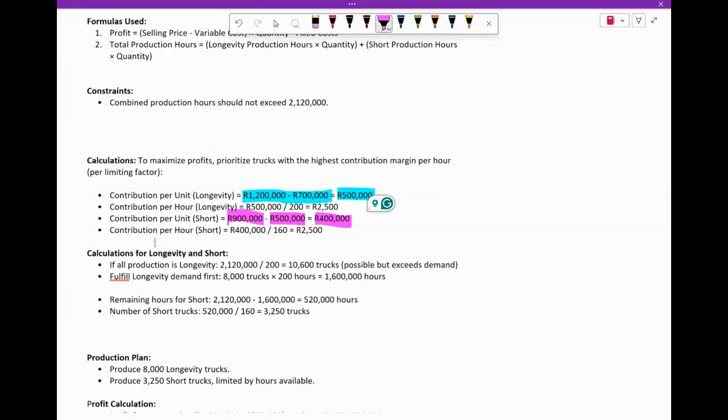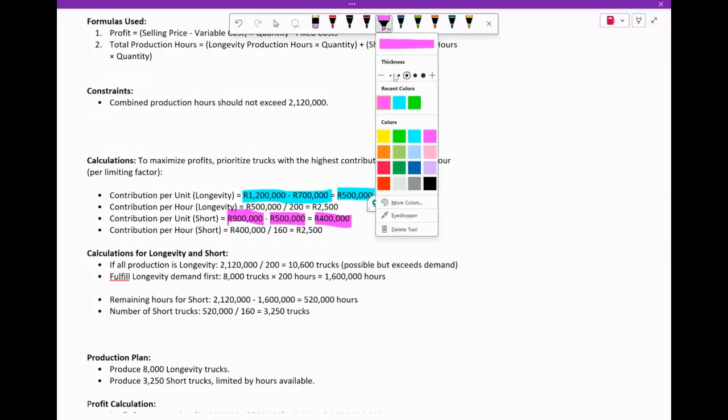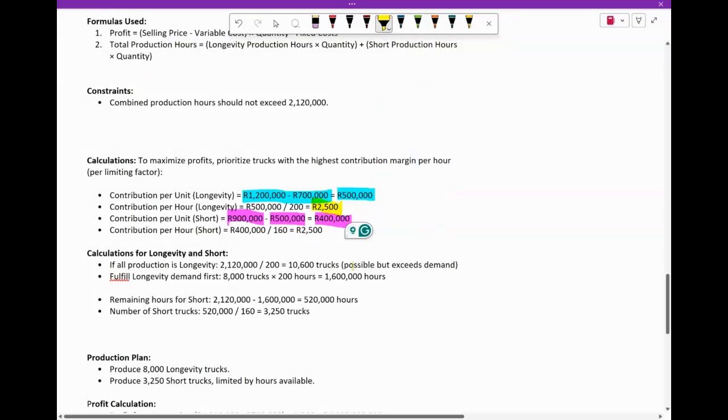So now our contribution per hour for the respective trucks. We say 500,000 divided by your limiting factor, which is 200 hours, gives you 2,500. Okay, cool, we've got that, 2,500.